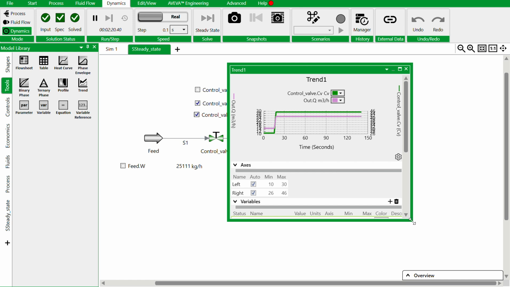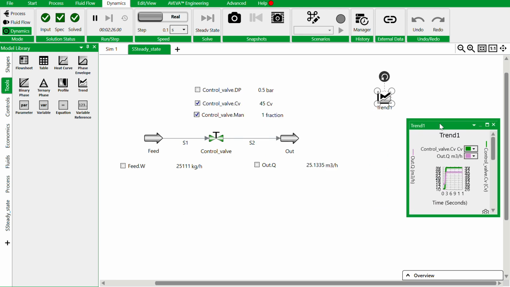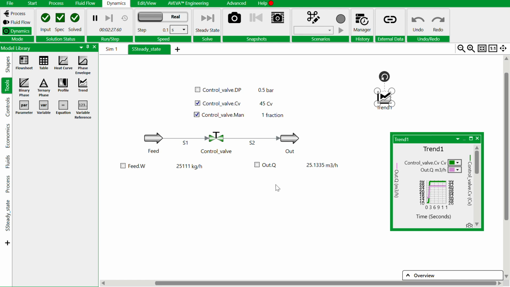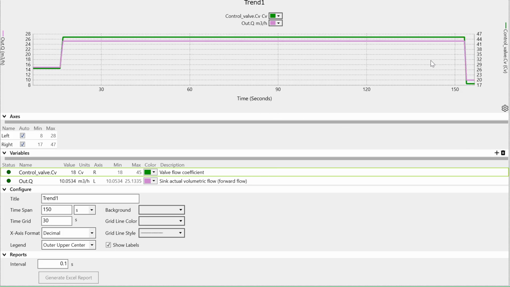You can park it here, and you can change the control valve CV from 45 to 18, and you will get its trends. It drops the flow rate and the CV value.